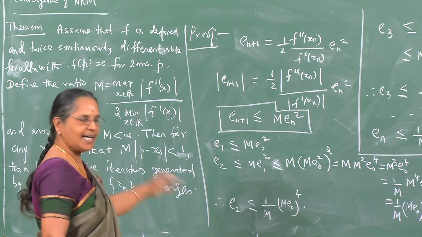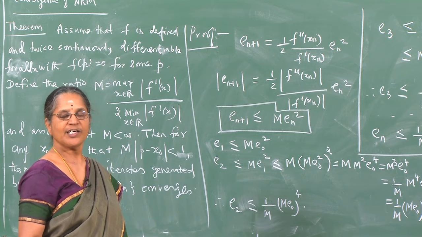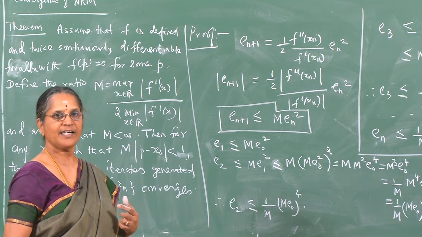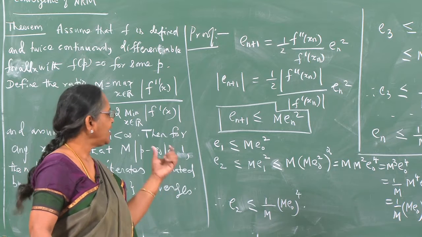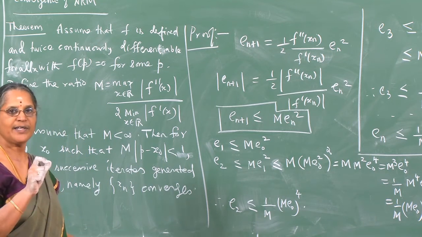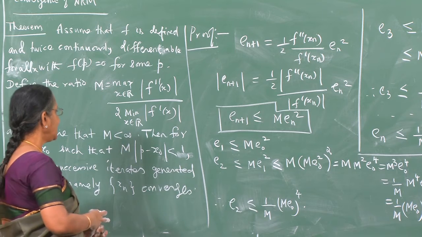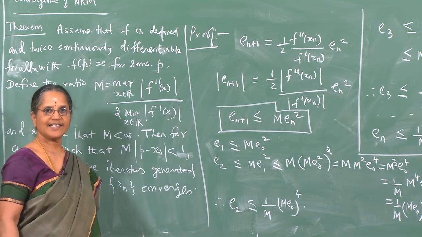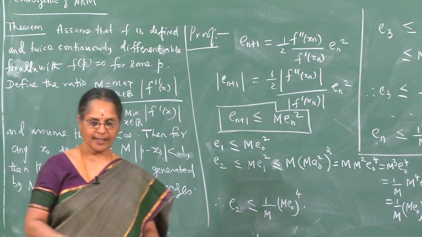So, the convergence analysis clearly shows the condition under which the Newton-Raphson method will converge to a root of the equation, and the condition is that the initial approximation x naught must satisfy mod p minus x naught is less than 1 by m.